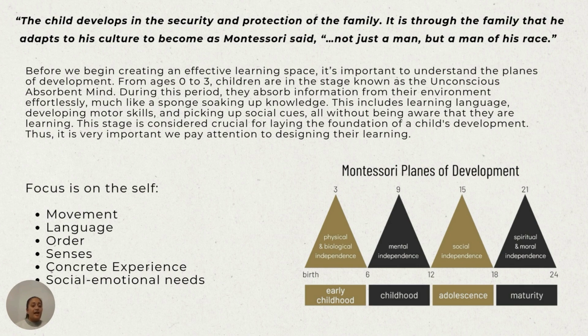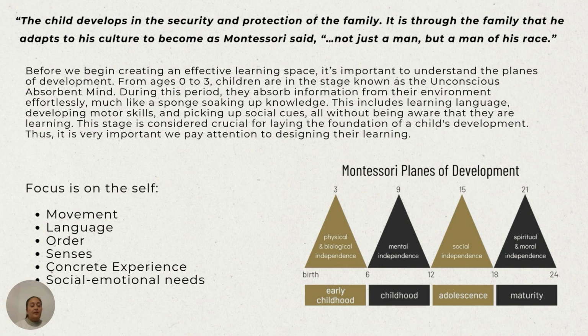That means that the child is soaking up the information from the environment. They're learning from their senses without consciously paying attention to the learning. Therefore, it's very important that when we create this environment, it is carefully designed and it promotes curiosity, creativity, and learning.